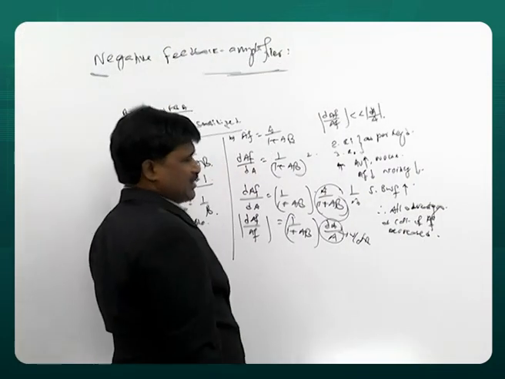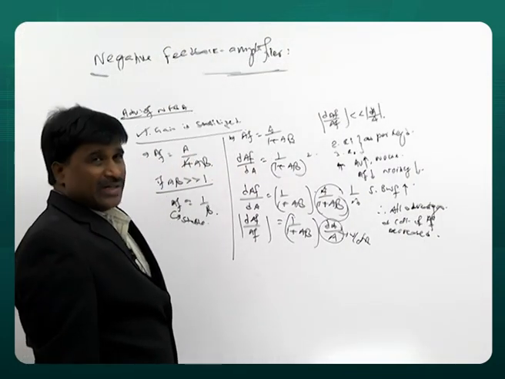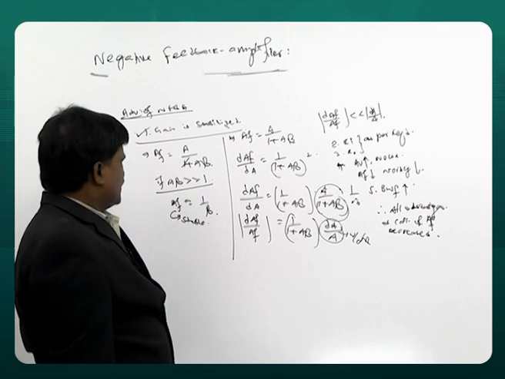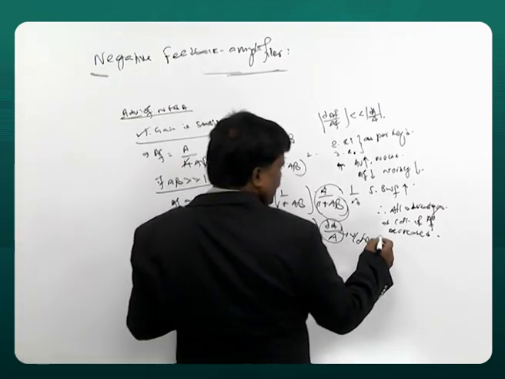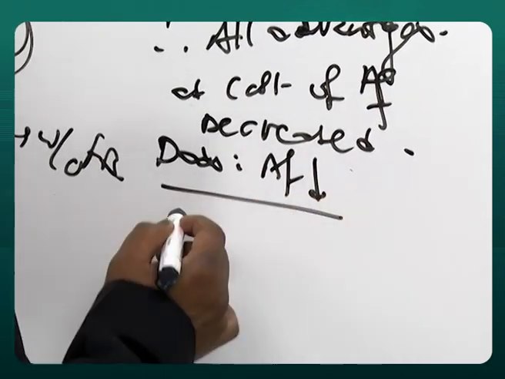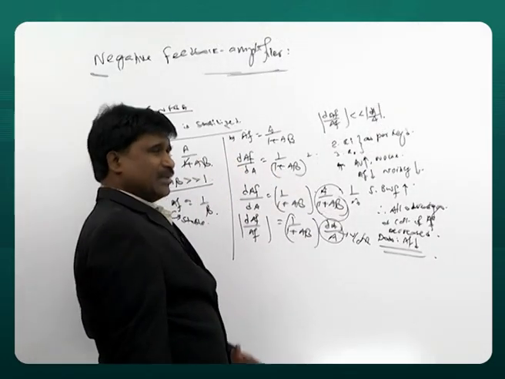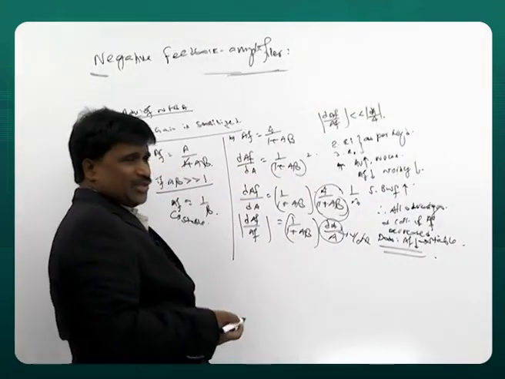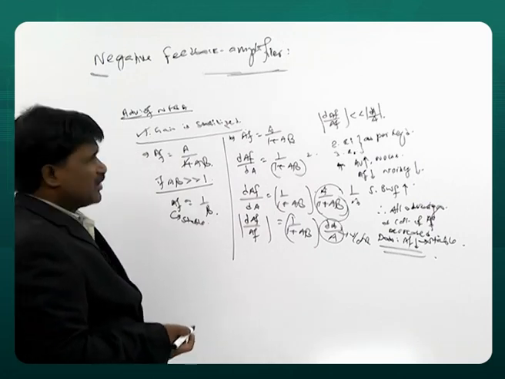So the only drawback is gain is decreased. All advantages came. So gain is decreased but stable.